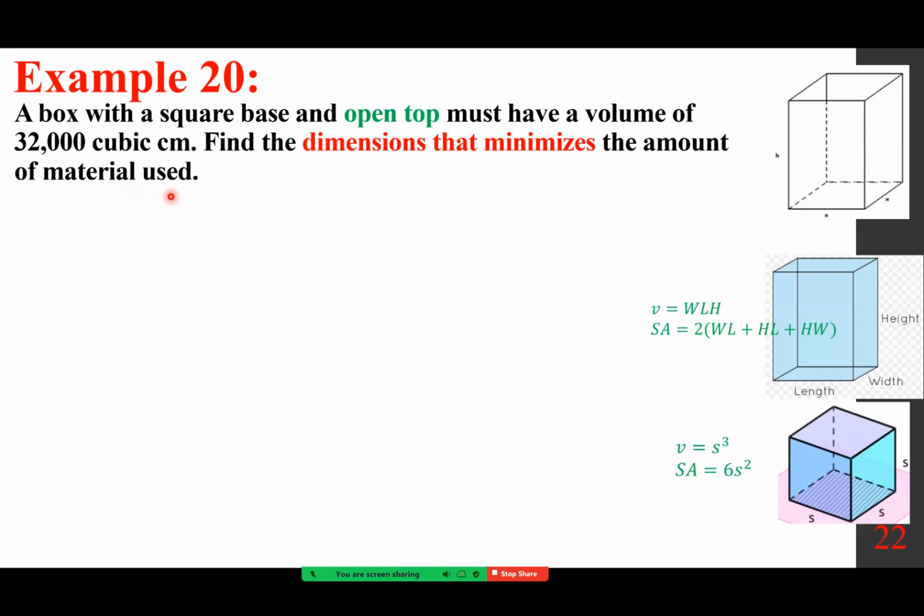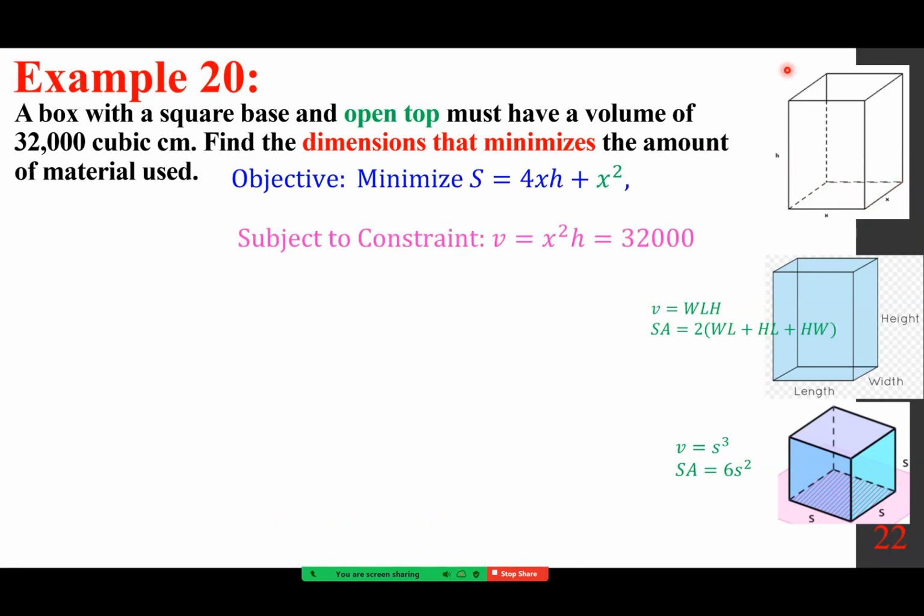The surface area is normally the bottom, which is x squared, times 2. And in this case, 4xh, because the sides are identical, but we don't have the top. It's open top. So it's 4xh plus x squared. The volume is x squared h, which is 32,000.